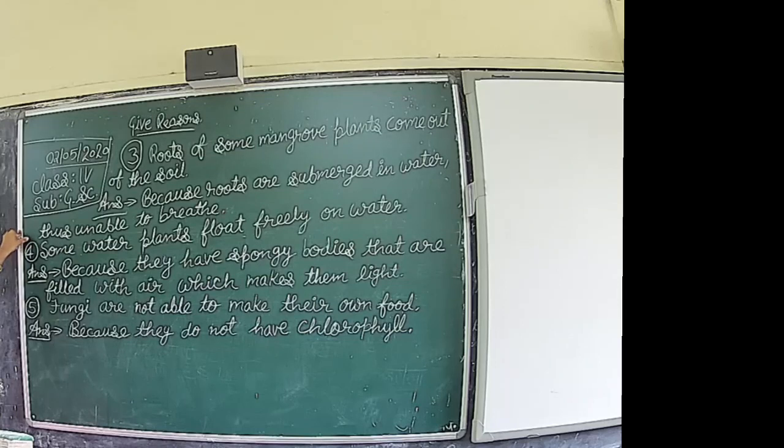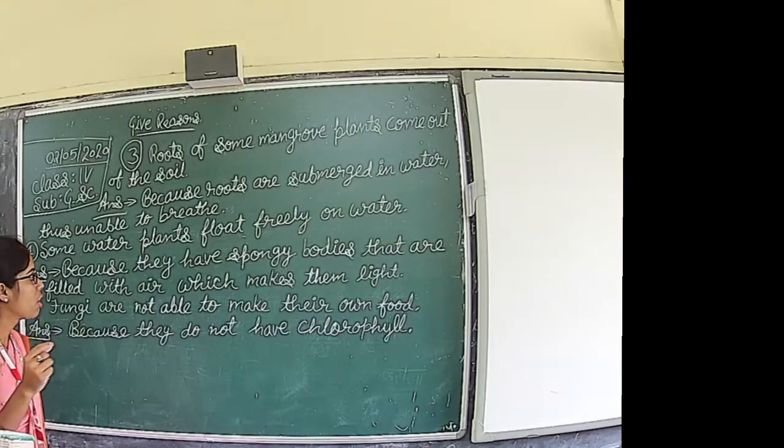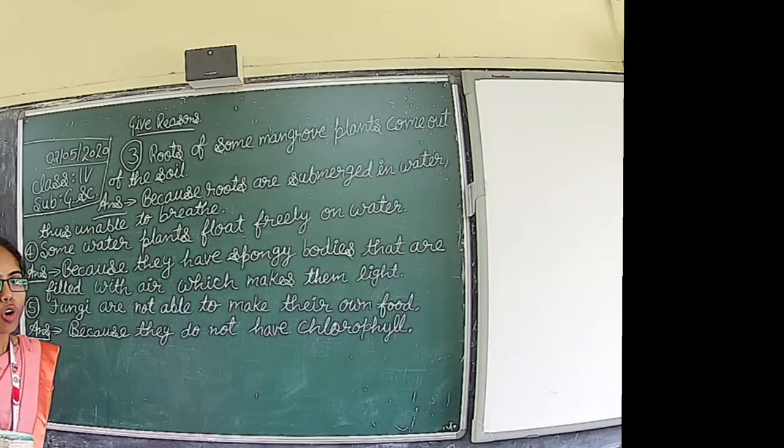And question number 4, some water plants float freely on the surface of water because they have spongy bodies that are filled with air, which makes them light. And now the last question: fungi are not able to make their own food.